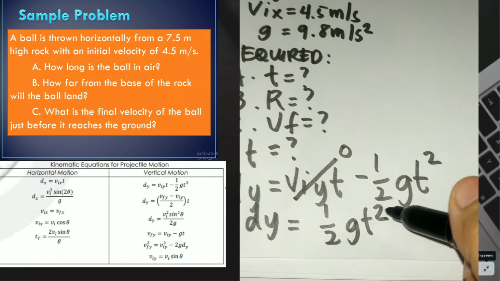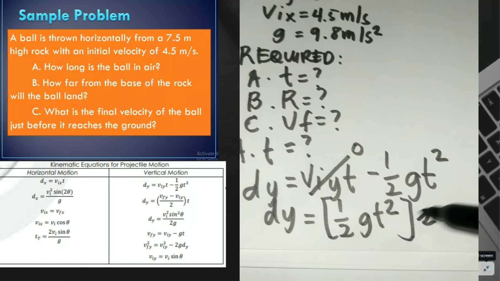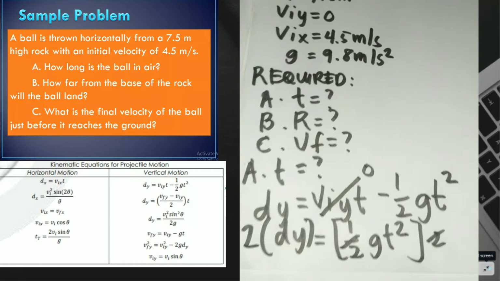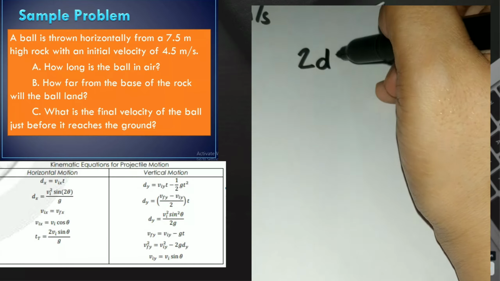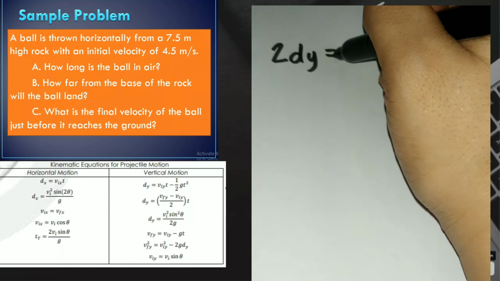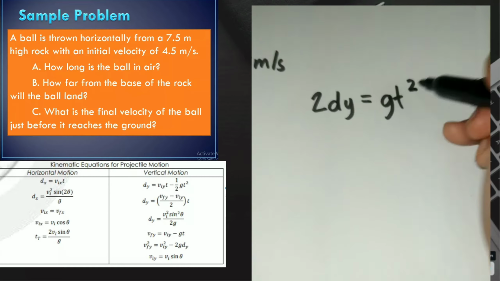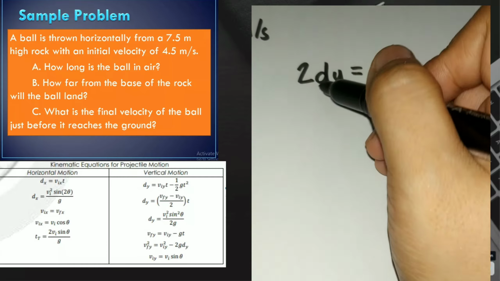So here, we can multiply both sides by 2, cancel, and so it will give you 2 dy is equivalent to gt squared. Next, you can divide both sides by g.